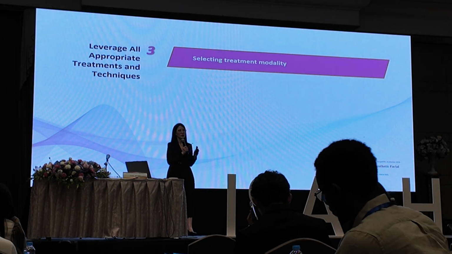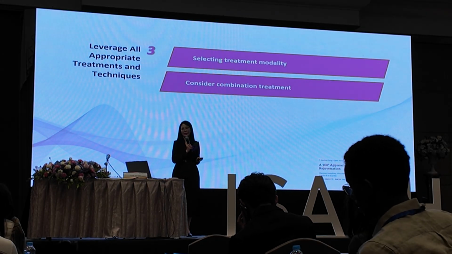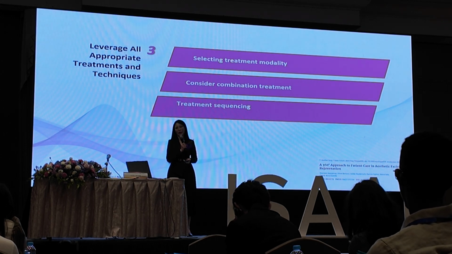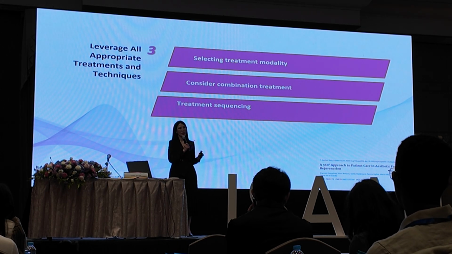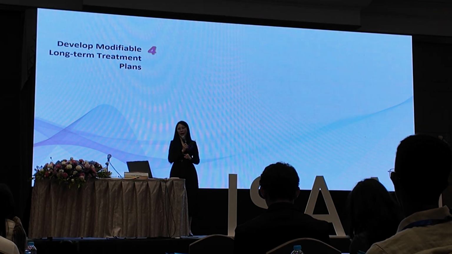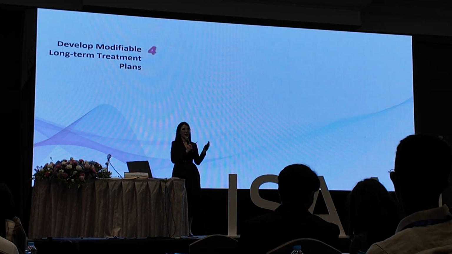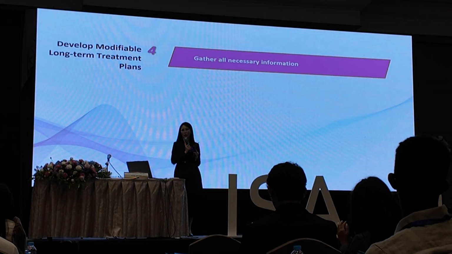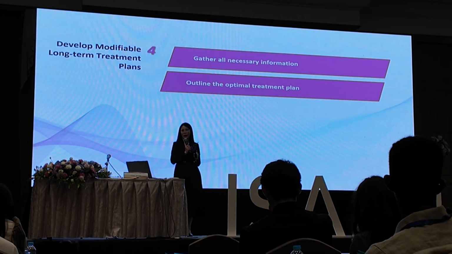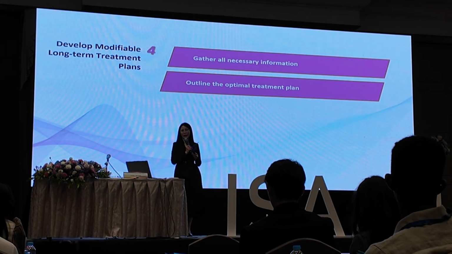The first one, we have to select the treatment modality, and normally I will use a combination. And we have to sequence the treatment, what to do before and after. And the fourth one, we have to plan the long-term treatment plan for our patient.